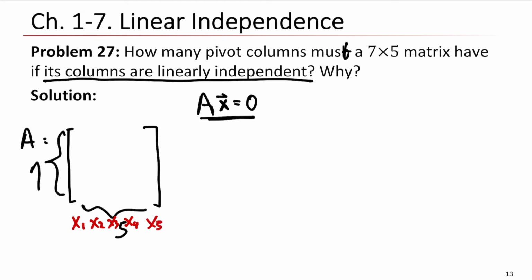And if every column has a pivot position, then there is no free variable, right? In this case, there is only the trivial solution x equals 0, right? So in this case, it will be linear independence.